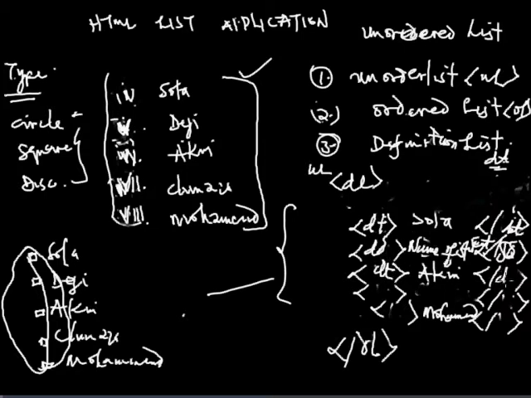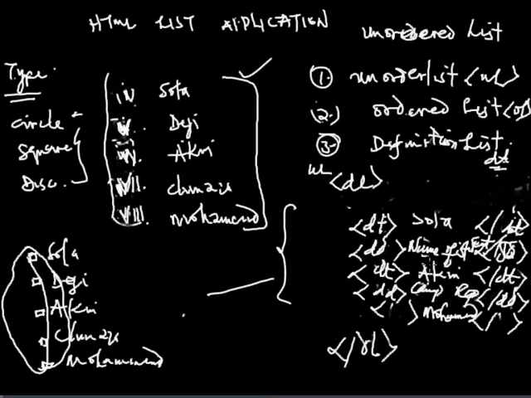People hardly use this, but it's also very important to know because we are studying HTML lists, and it's going to be useful one of these days when you're writing your application. You can always research on this also. Definition term, definition, like class rep, class captain.